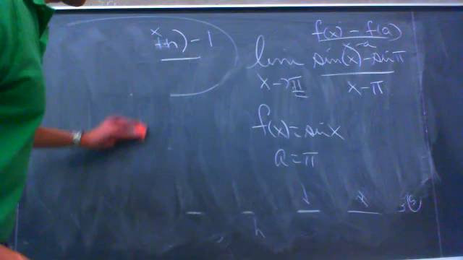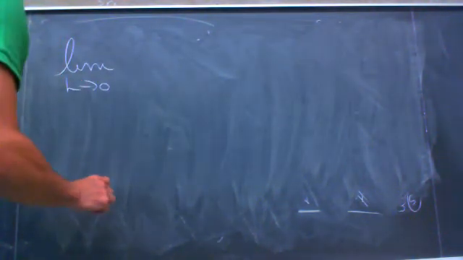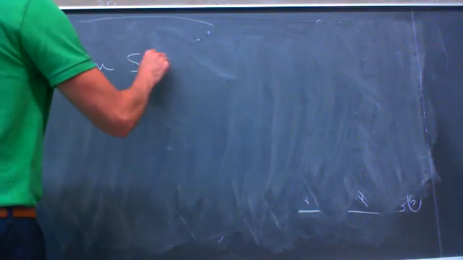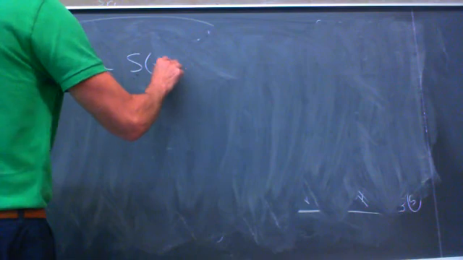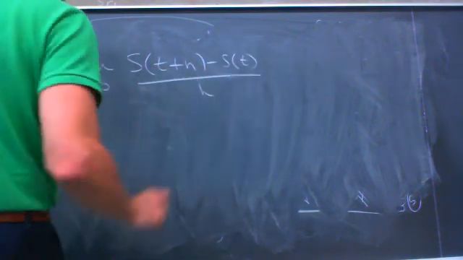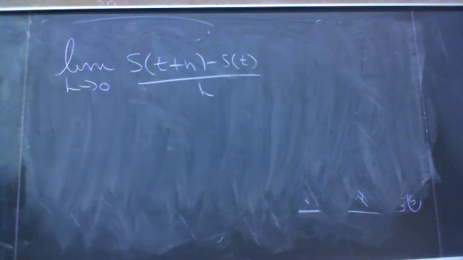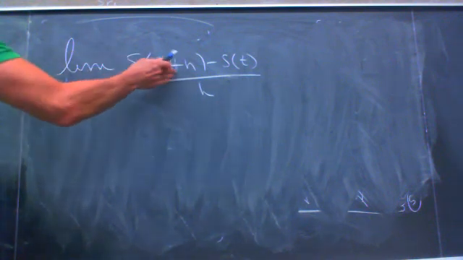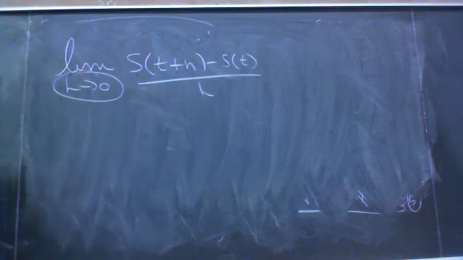One more. What would this represent? The limit as h approaches 0 of, let's do, s of t plus h minus s of t all over h. This is the limit of the difference quotient as h goes to 0.